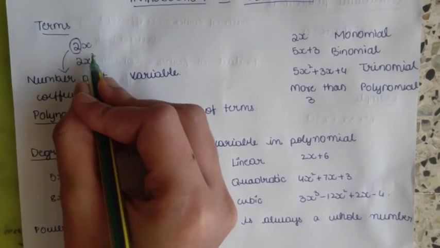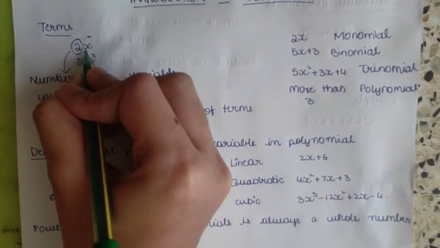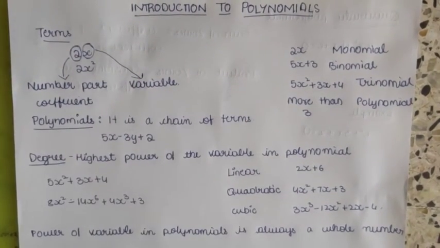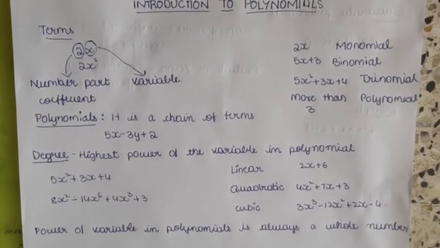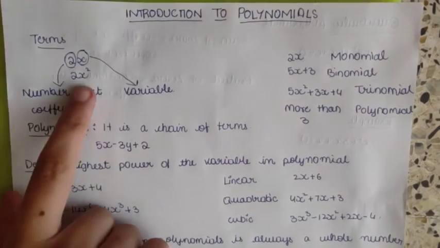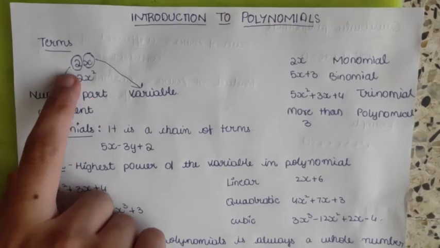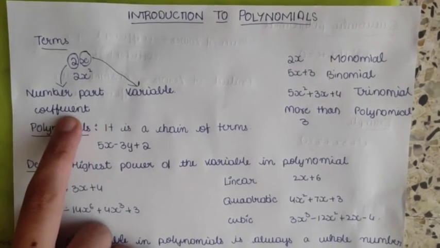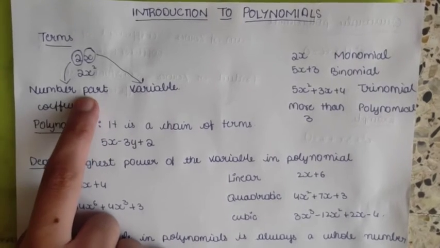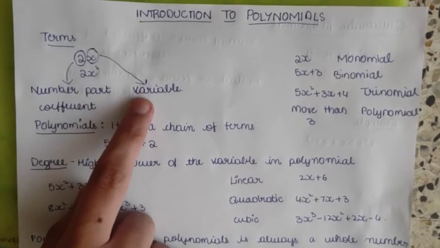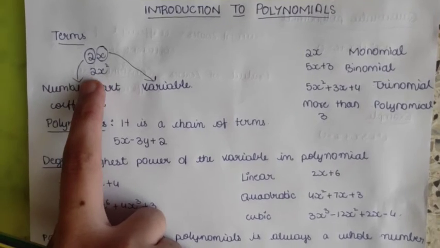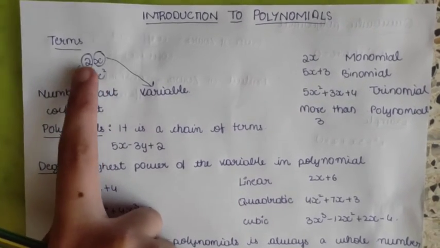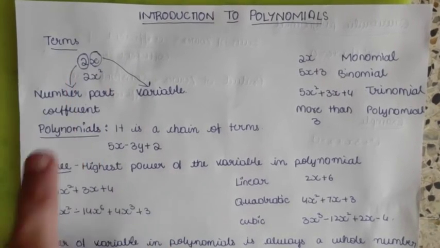Now here x or x square, these are called variables. So what a term is: it is an algebraic expression in which the number part, for example here 2, which is also called the coefficient, is multiplied with a variable. It can be any variable from a to z. So here we have x, so 2x or 2x square is a term.